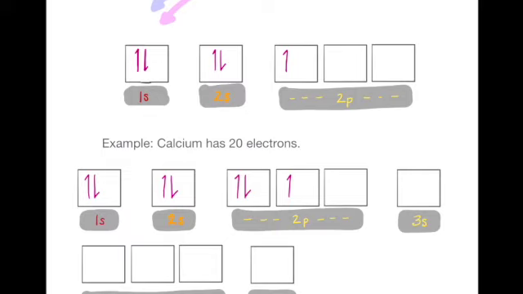You would think that this is how we start filling them in, but it is not correct. This is called the empty seat or empty bus seat rule. If you were to get on a bus and there was someone sitting in a seat, you probably would not go sit next to them. You would go sit in the next empty seat, because it's a stranger. Same thing with electrons.